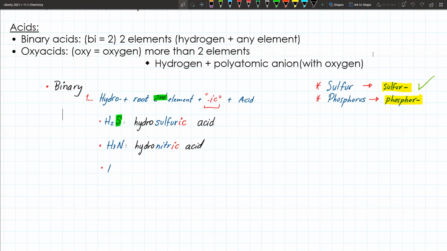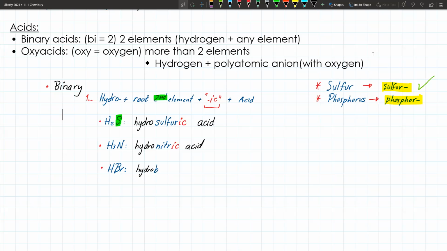Now, help me with this one. HBr. How can we name it? Hydrobromic acid. Hydrobromic acid.